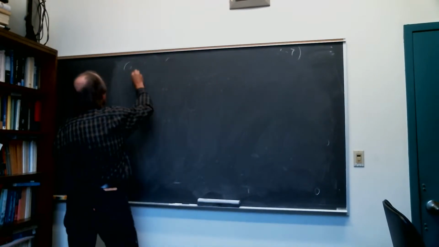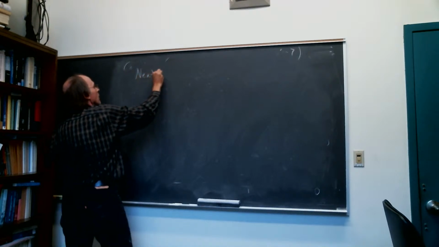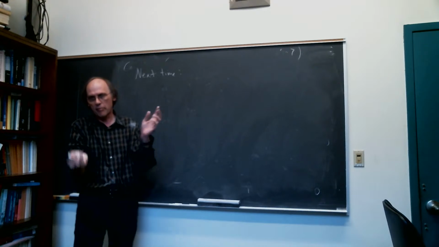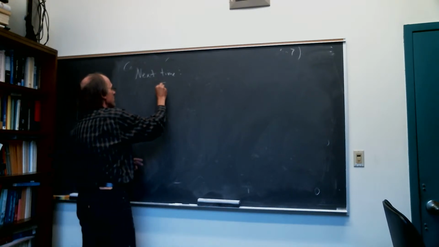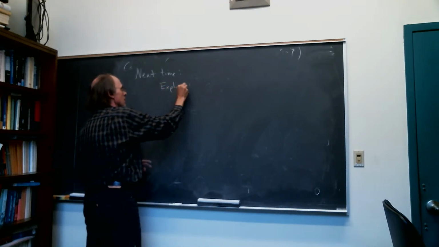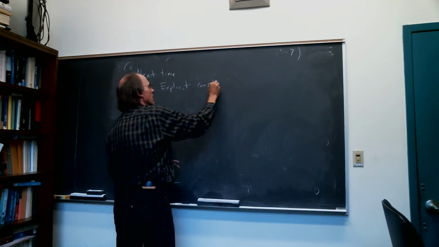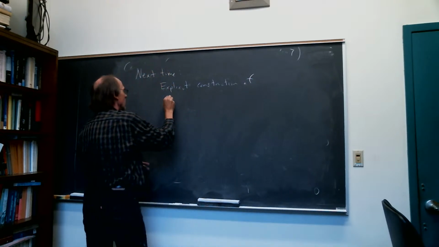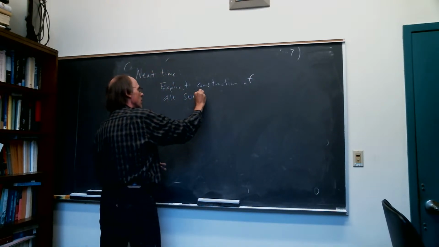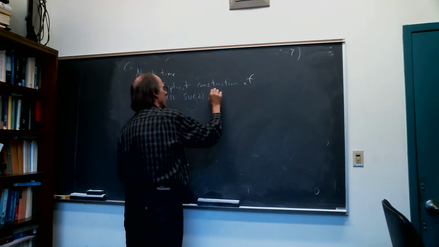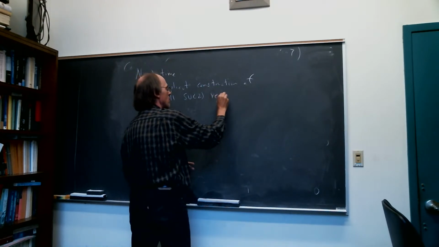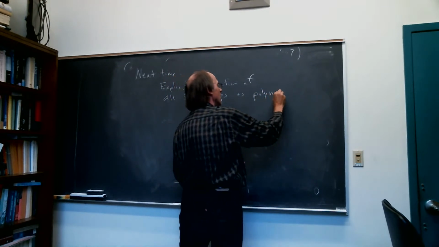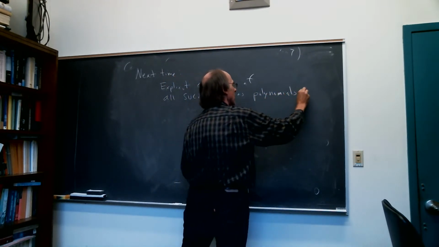So next time, we'll come at this problem from a different angle, and we'll get an explicit construction of all SU2 representations, actually alternate representations as polynomials on C2.